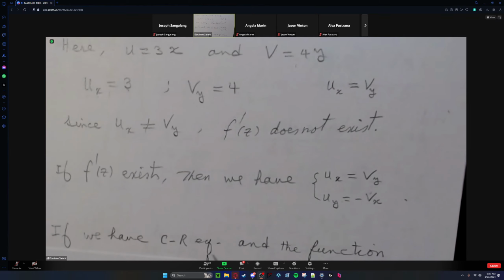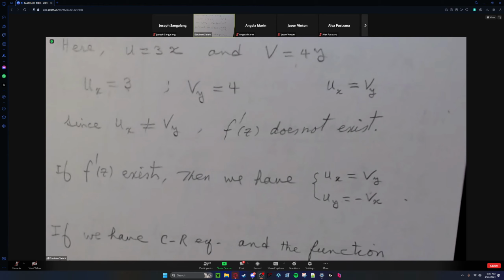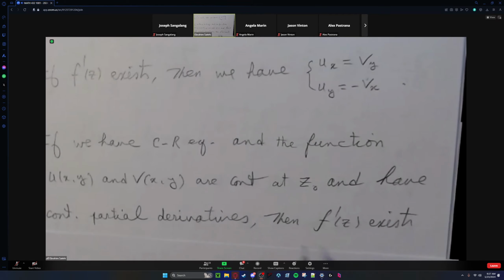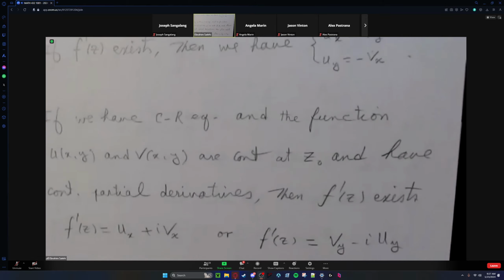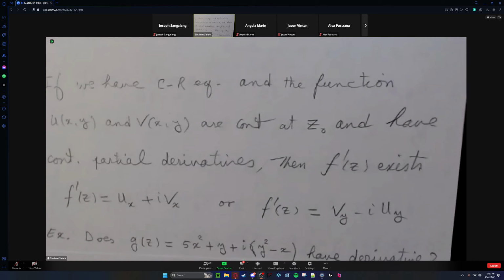If we have the Cauchy-Riemann equations, and the real and imaginary parts not only are continuous but also have continuous partial derivatives, which is the part that I'm imposing, then the derivative exists. And when the derivative exists, we know it's got to be either this or that. They are equal anyway, okay?